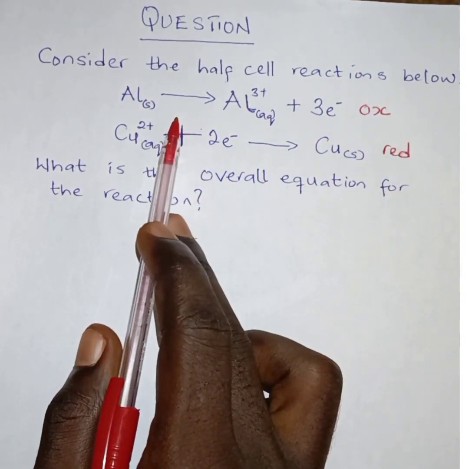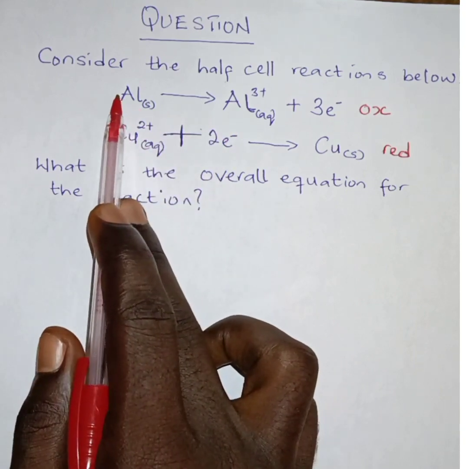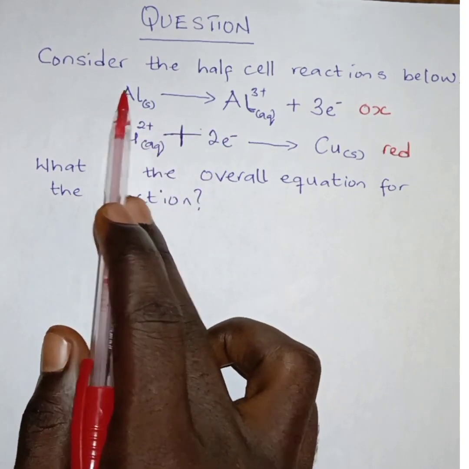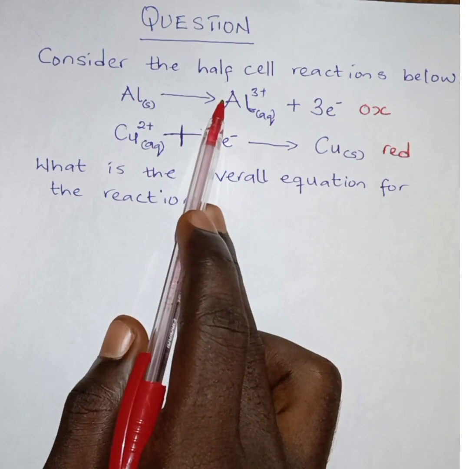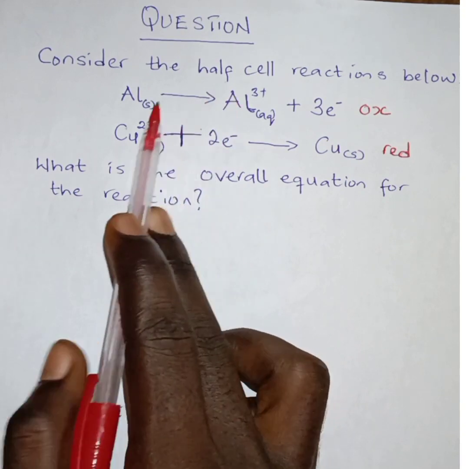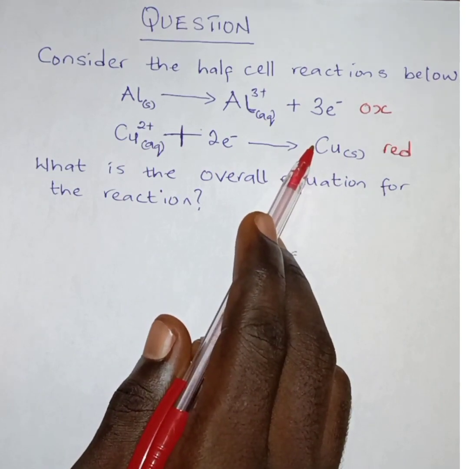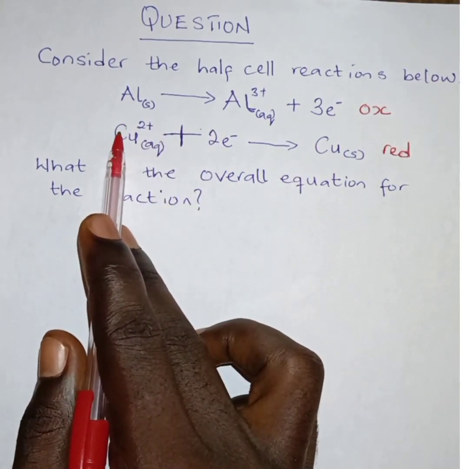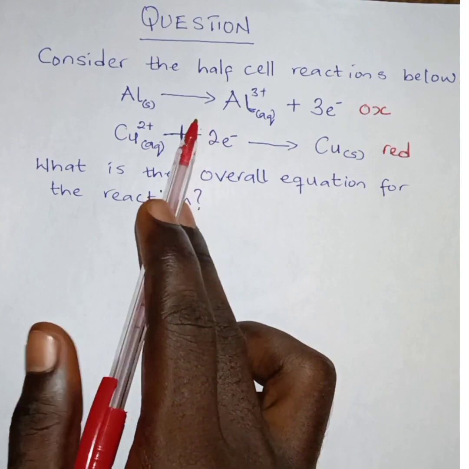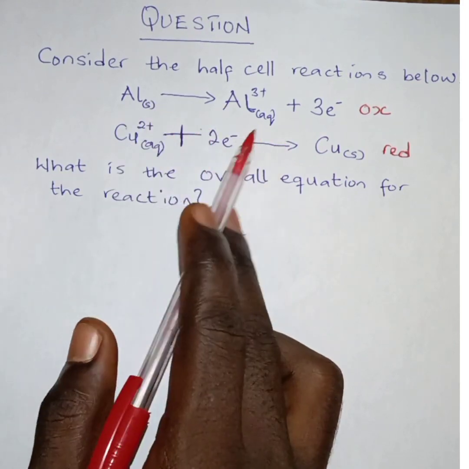So the next thing is to balance the atoms. If you look at this aluminium, we have 1 mole of aluminium here, and we also have 1 mole of aluminium here, right? So it is balanced. And when you look at this, we have 1 mole of copper, and we also have 1 mole of copper here. So the atoms of copper and aluminium are balanced, 1 to 1 in each case.